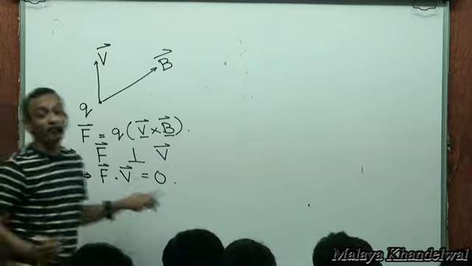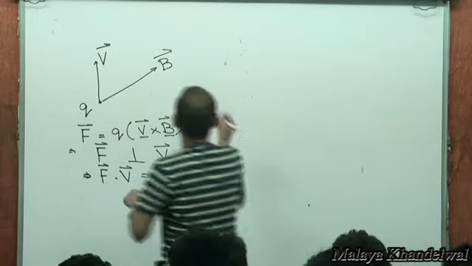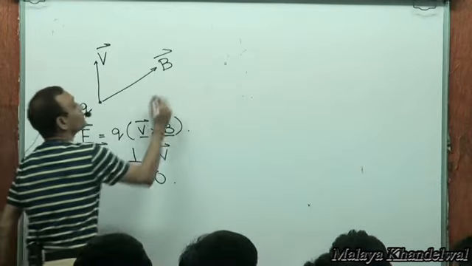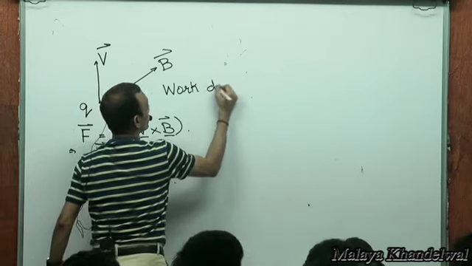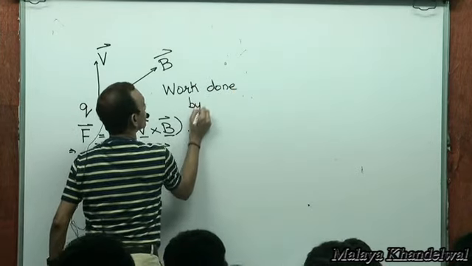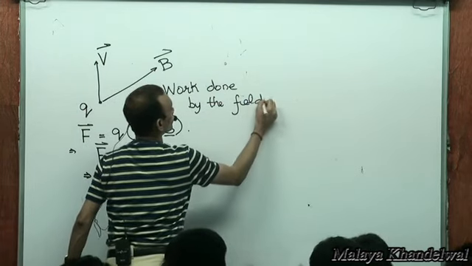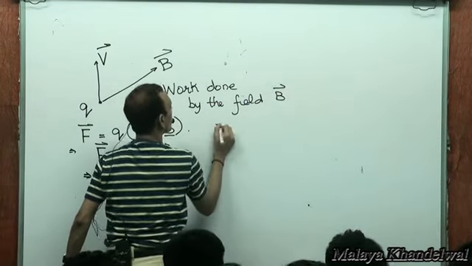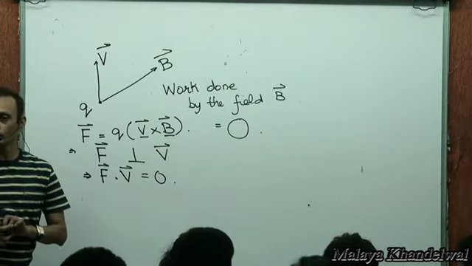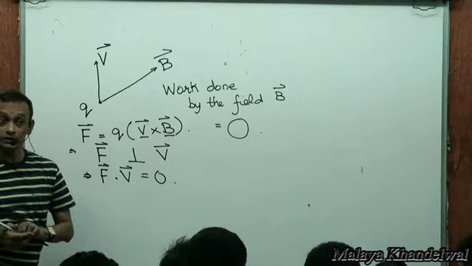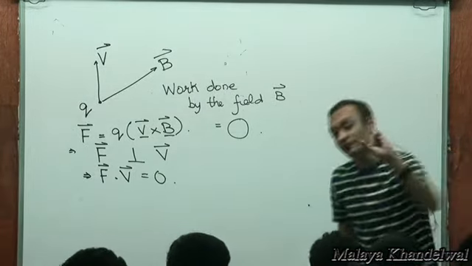That means the power associated with this magnetic force is 0, so the work done by the magnetic force is 0. That means magnetic forces will never do any work.